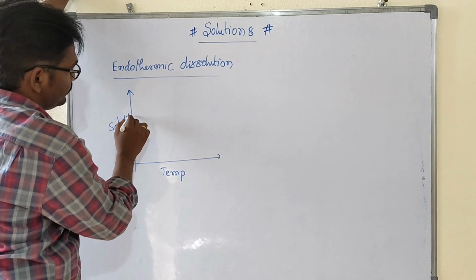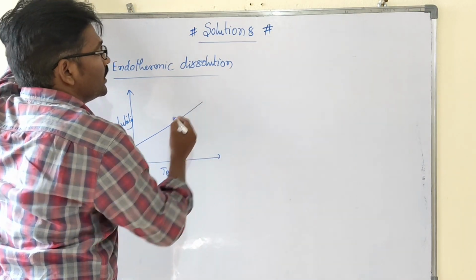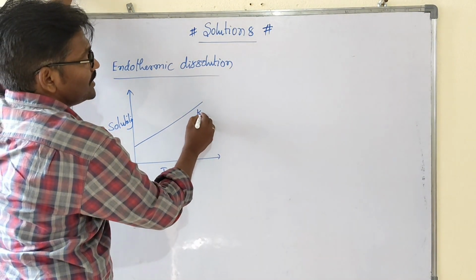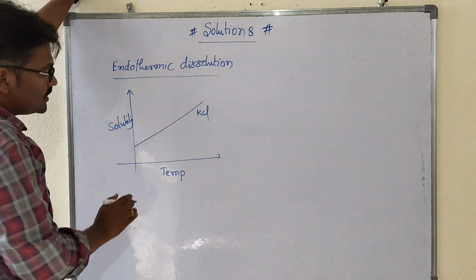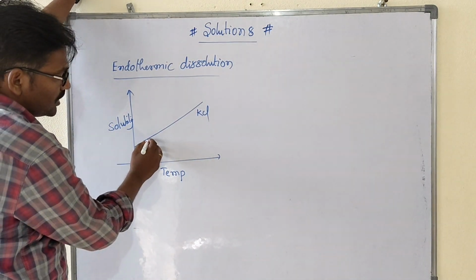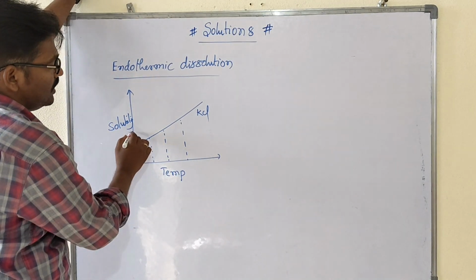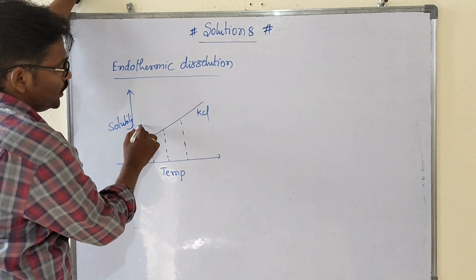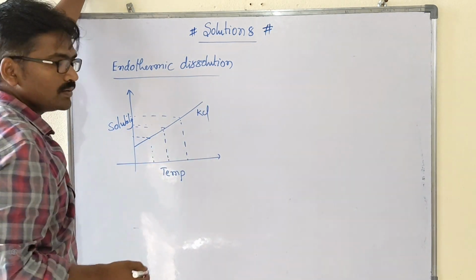In case it is KCl, you can get a straight line like this. Understand? So what does it mean? When the temperature increases, the solubility is also going to increase.